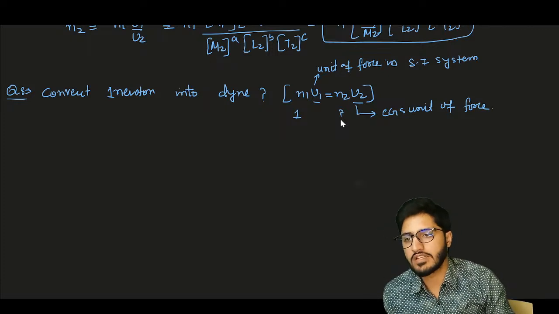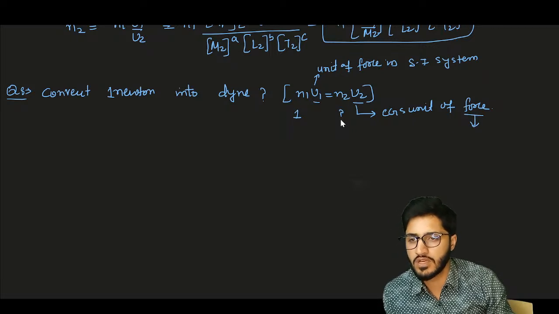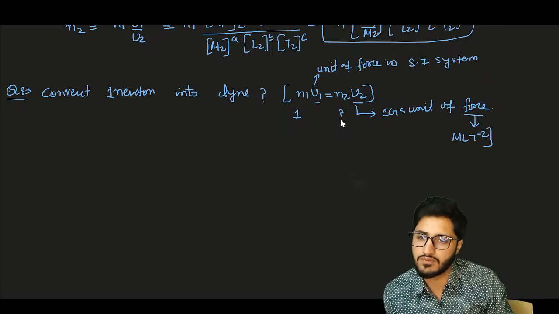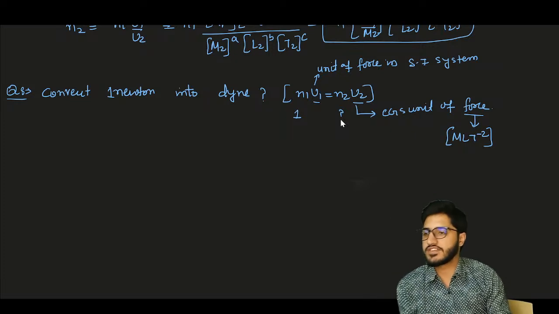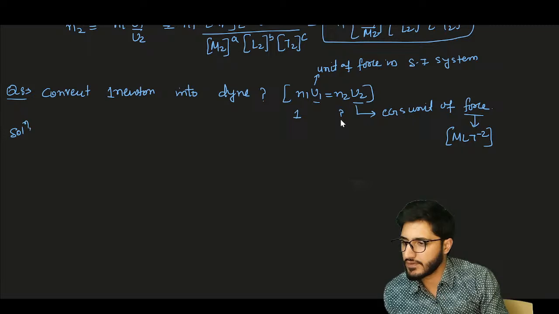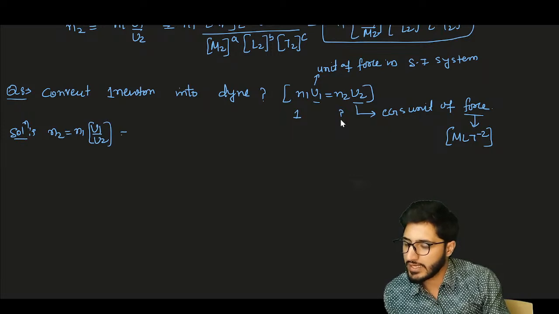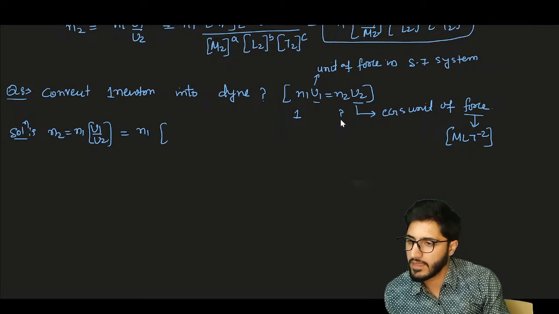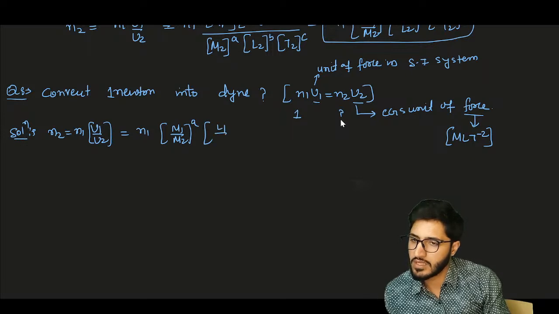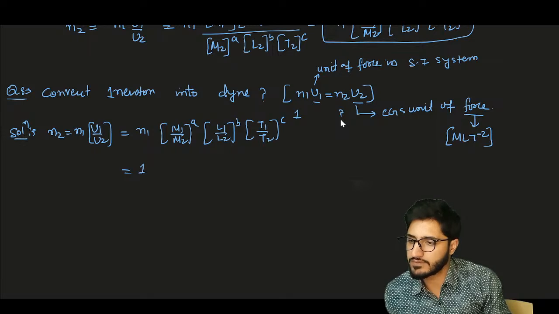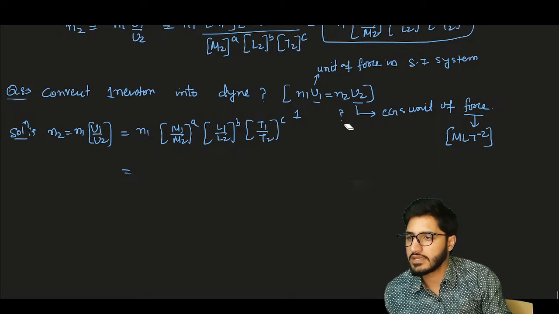Now, what is force? Force is M L T to the power minus 2. So now we have an equation. I can write n2 is equal to n1 u1 by u2, so I can write it as n1 times (M1 by M2) to the power a, (L1 by L2) to the power b, (T1 by T2) to the power c. Now place the values. n1 is 1.